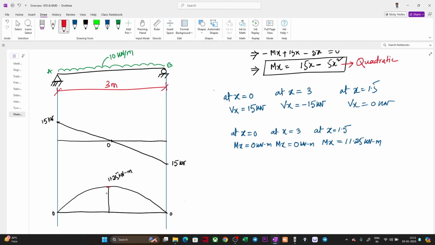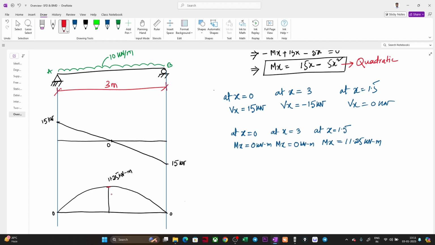But we are drawing the bending moment diagram in the compression phase at the top, right? Suppose we are designing a reinforced concrete beam. We know that concrete, if it is in compression, it is okay. If it is in tension, then it develops cracks. So for that we provide reinforcement.